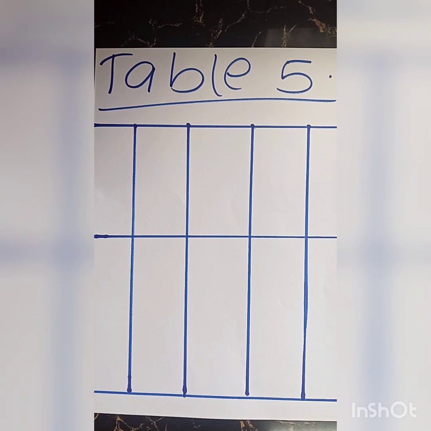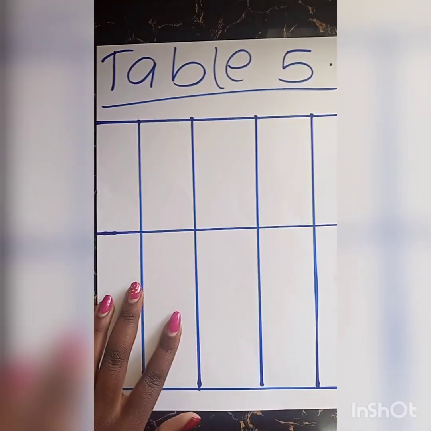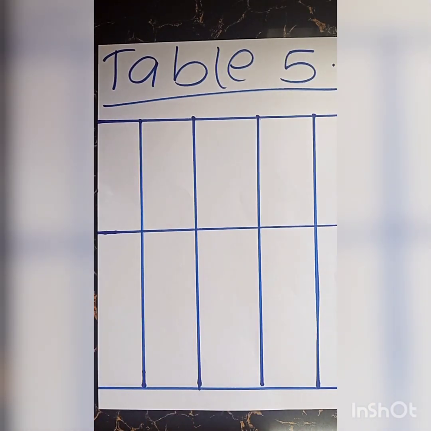So, for table 5, we'll draw the same table that we drew for table 2: a table that has 5 columns and 2 rows. So after we draw that table, what do we write?